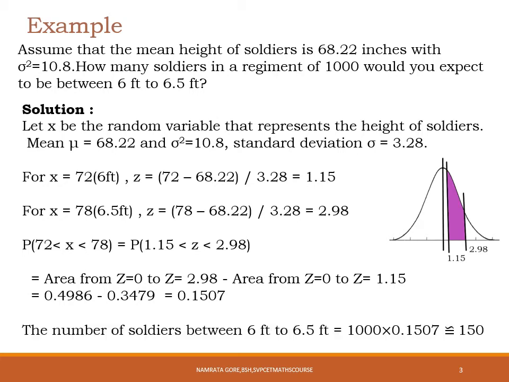So required probability that the number of soldiers between 6 feet to 6.5 feet in a regiment of 1000 comes out to be 1000 into 0.1507, which is approximately equal to 150 soldiers.